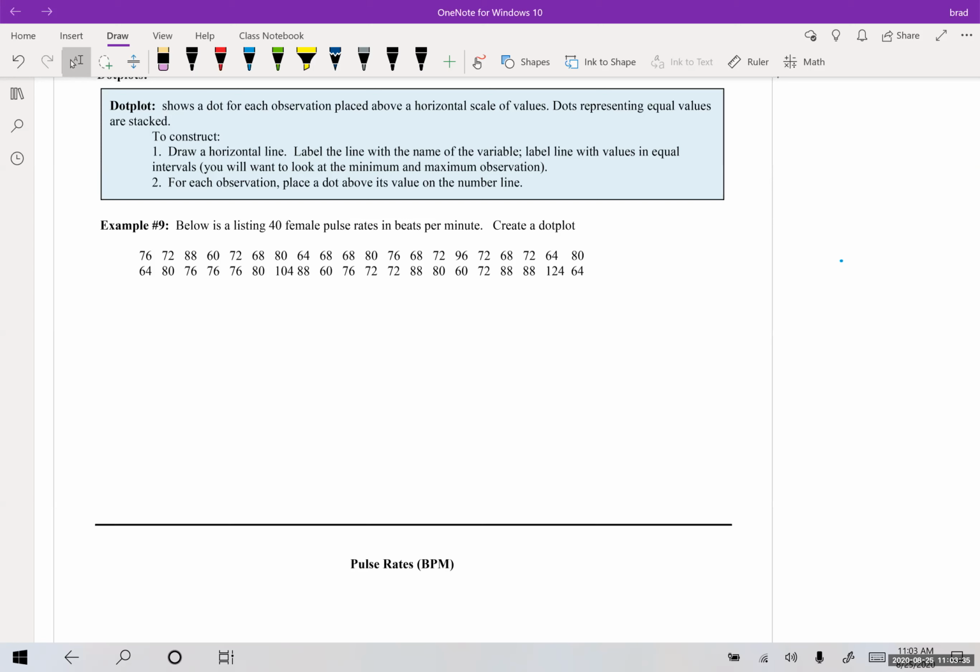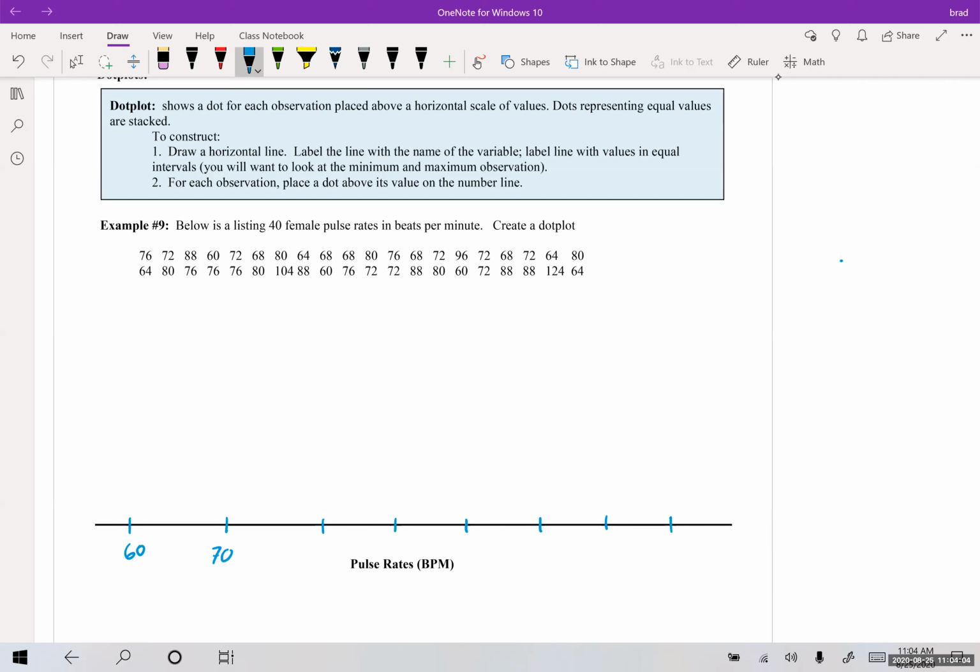So it looks like the biggest value is like 124 or something like that. And the smallest value is going to be what, 60? Yeah, so I'm going to start my labeling at 60. So let's put 60 here. Let's do 70. You know, I'm going to spread it out a little bit more. 70, 80, 90, 100, 110, 120, 130.